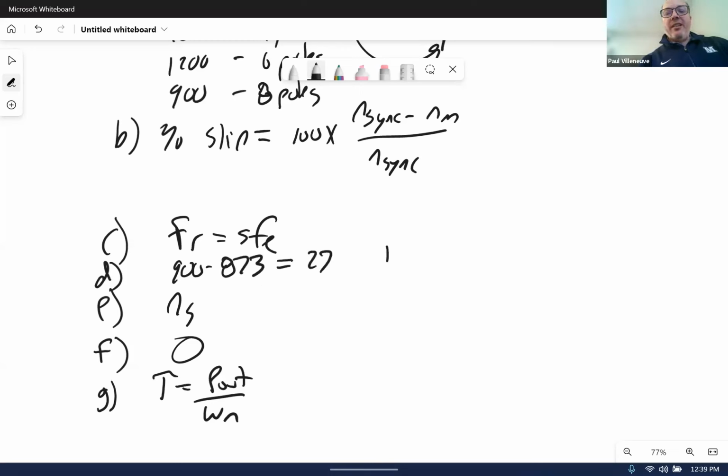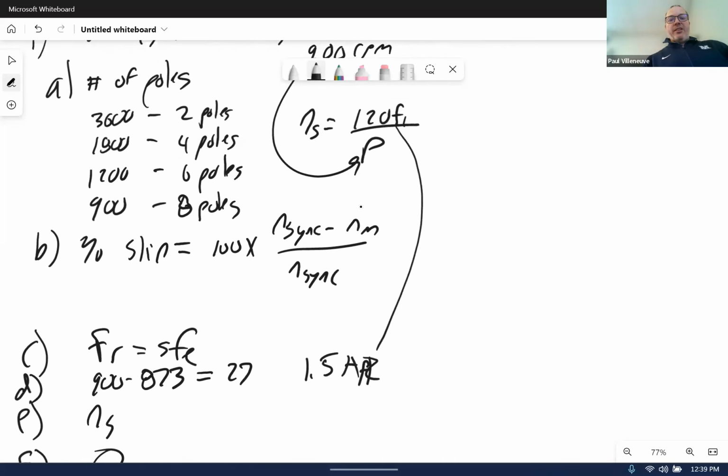You also could take 1.5 hertz. Remember that? If you plug that into this equation, what do you think you're going to get? Let's try it. 120 multiplied by 1.5 divided by 8. So 120 divided by 8 is, what is that?